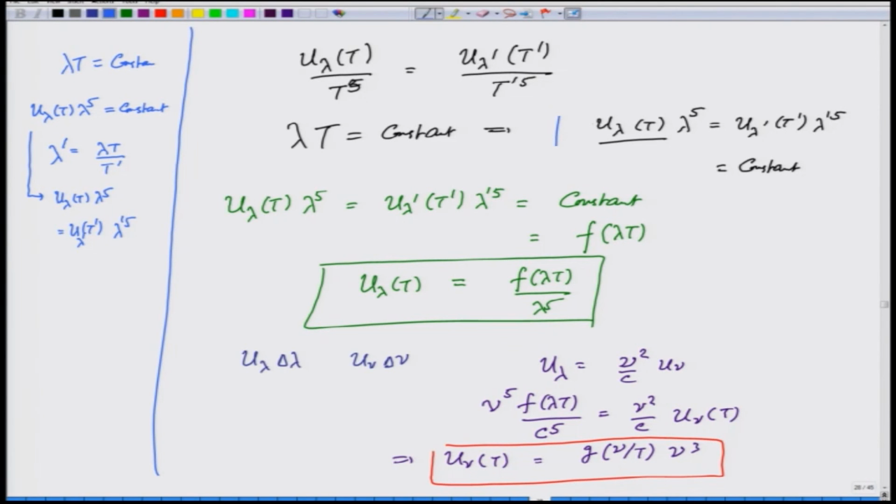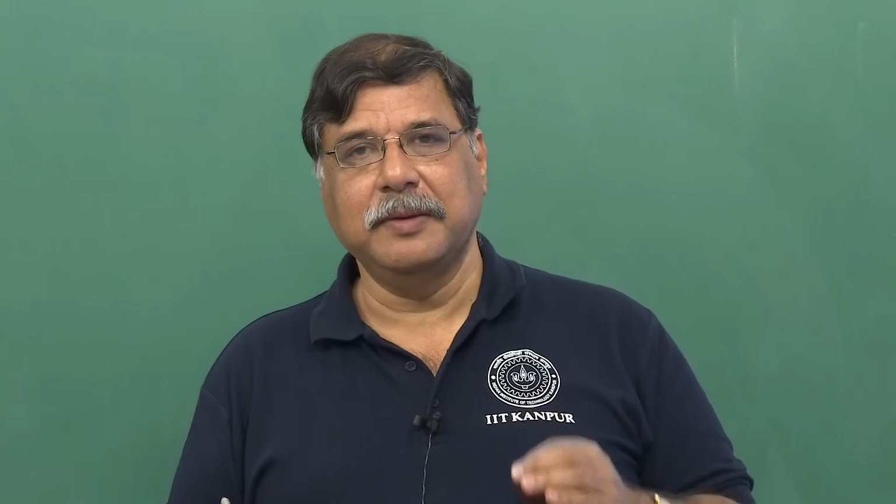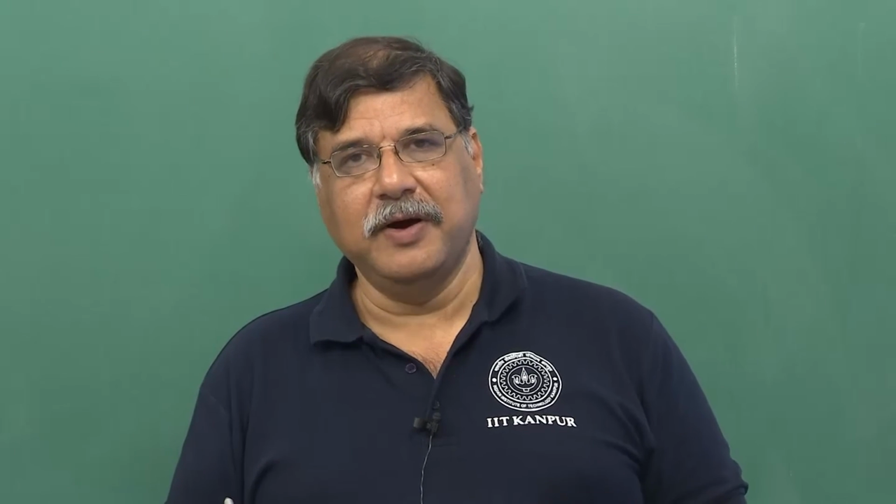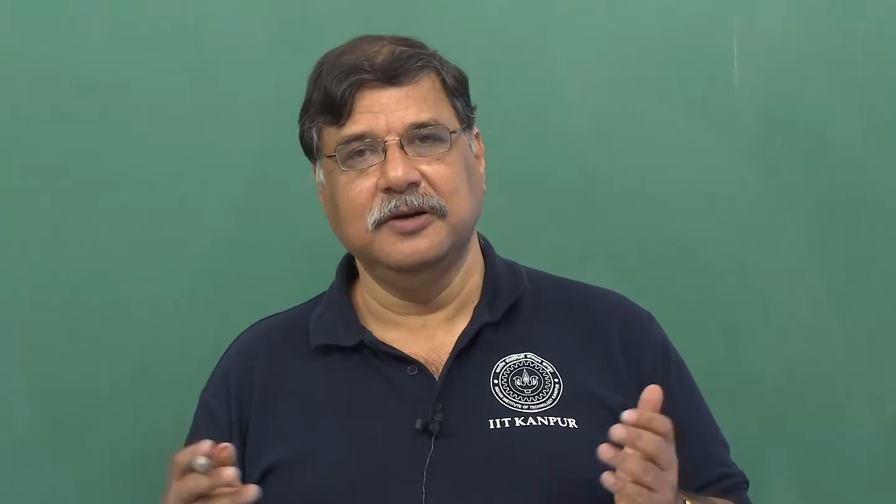So, given the experimental curve for spectral density at one particular temperature, I can find the spectral density at any other temperature. That is the utility of Wien's formula.